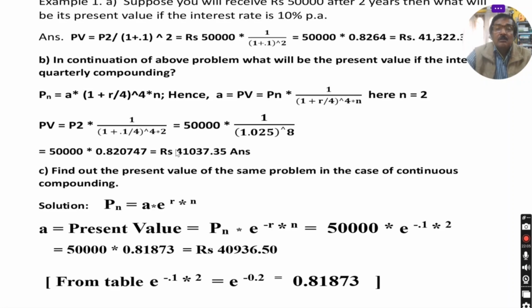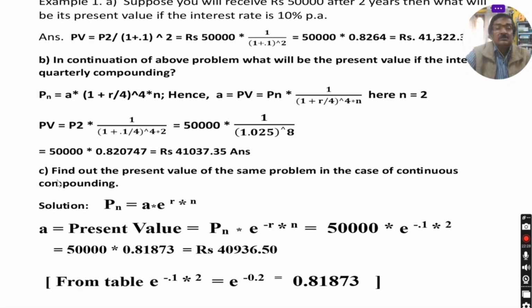So with quarterly compounding of the same amount, the present value is this. That means if this amount is invested at the rate of 10% per annum, with quarterly compounding, then after 2 years you will receive 50,000. This is the present value.